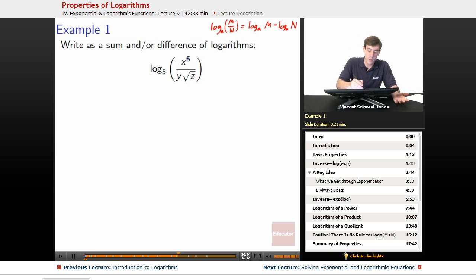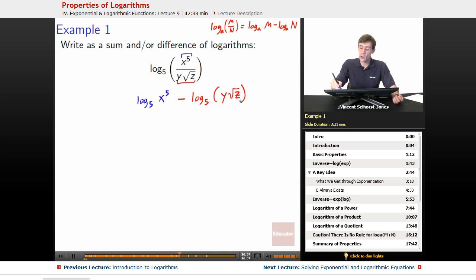So in this case, we've got on the top x to the 5th, so we'll have log base 5, same base, minus what's on the bottom, so minus log base 5 of, sorry, not x, I said the wrong thing there, y times root z.